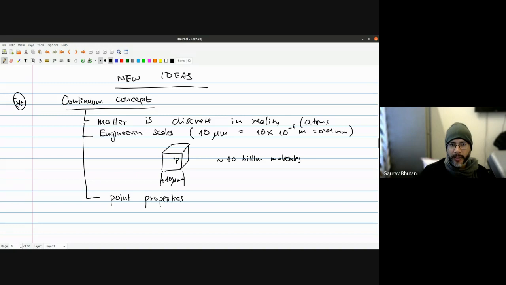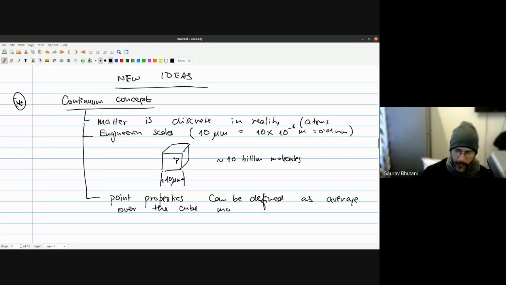So what that means is I would want to define the temperature at the point P. So what I'll do is I'll average the temperature of these 10 billion molecules surrounding the point P in this hypothetical volume of 10 micrometer side. So I can define it as the average over the cube molecules.